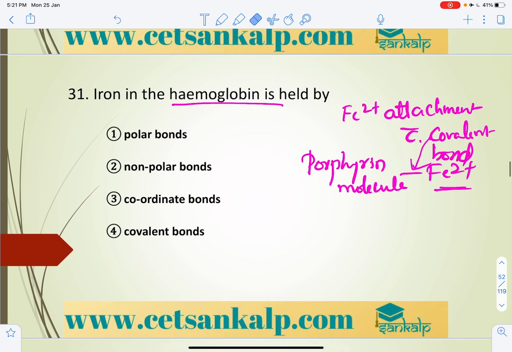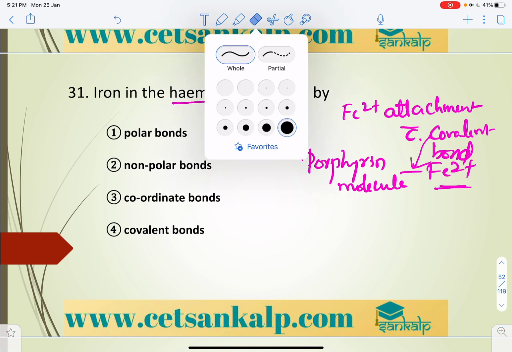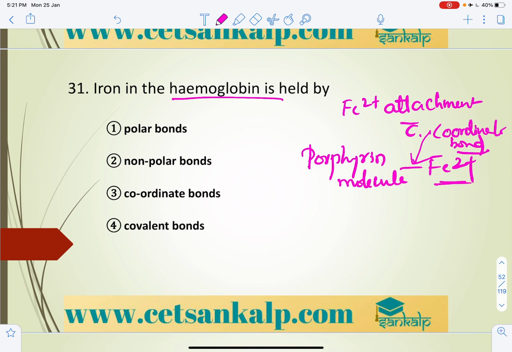The coordinate bond is present between Fe2 plus and the porphyrin ring.